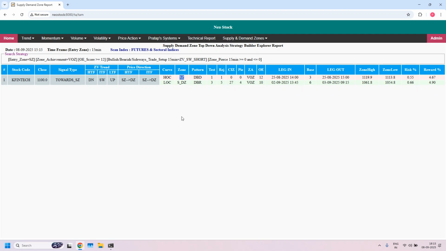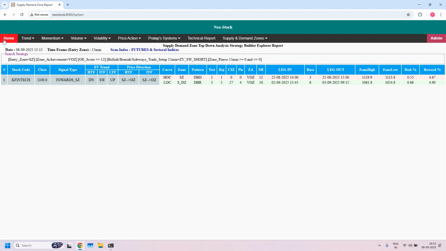You can plan the trade only if lesson 30.3 video checklist items are satisfied. Otherwise, there are higher chances of this zone violation. Because it is a sideways trade setup, you have to use the lesson 30.3 checklist. For bullish or bearish, lesson 20 checklist items. Okay, this is sideways short trade setup.